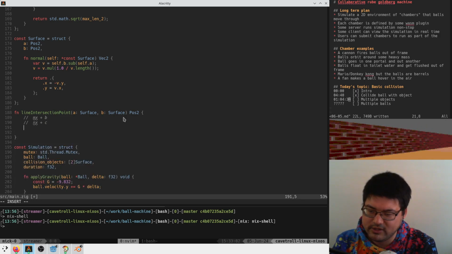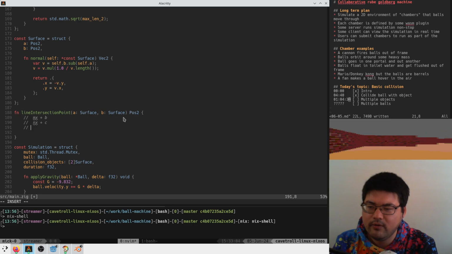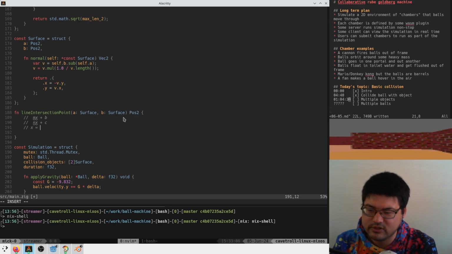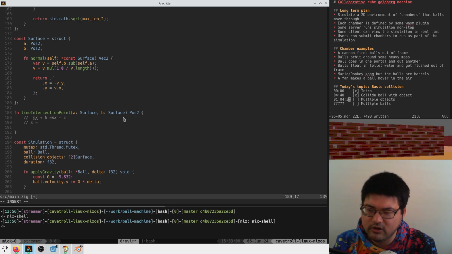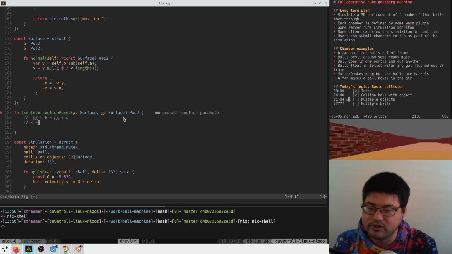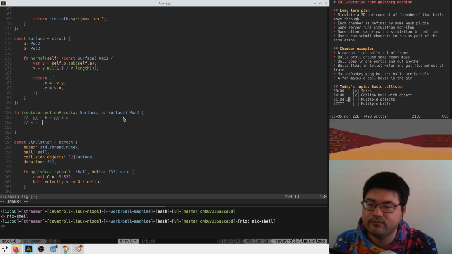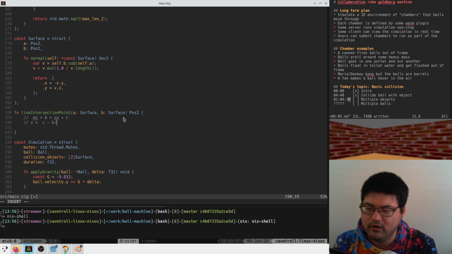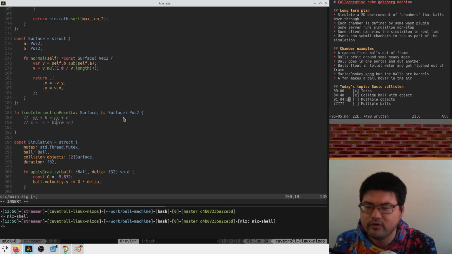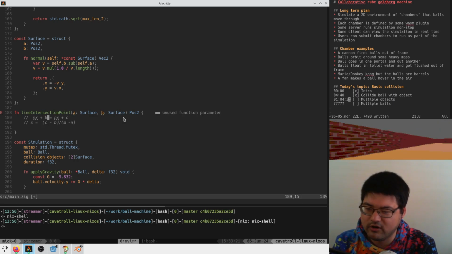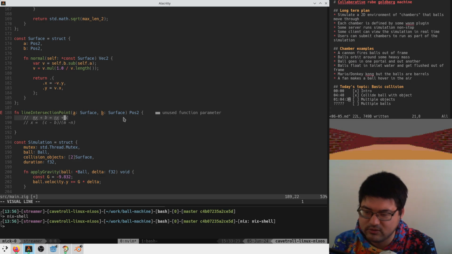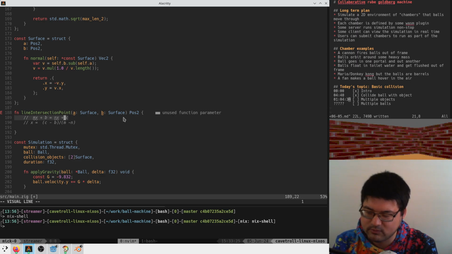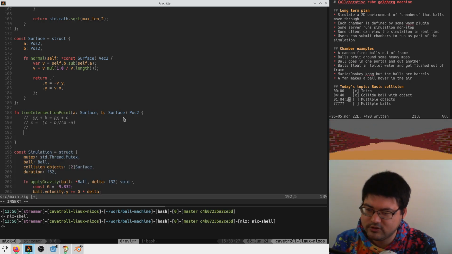Then we rearrange this: if these two things are equal, x is equal to c minus b over m minus n. And now we just have to convert these surfaces into this representation.